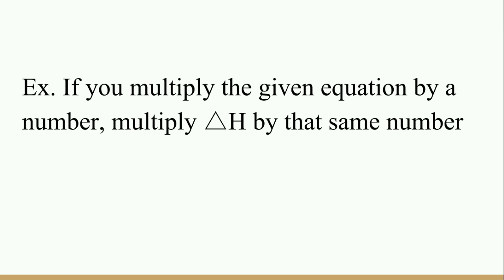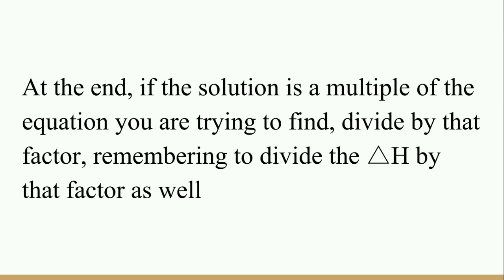If you multiply the given equation by a number, then you need to multiply delta H by that same number. So say you're going to multiply your equation by 4, then you need to multiply your delta H by 4 as well. At the end, if the solution is a multiple of the equation you're trying to find, then you divide by that factor, remembering to divide the delta H by that factor as well.